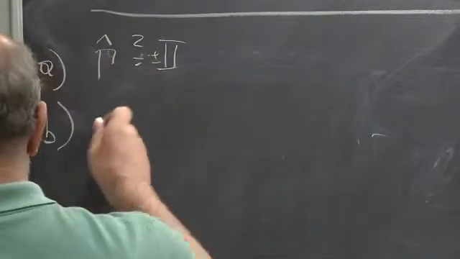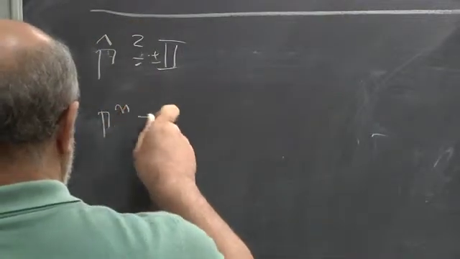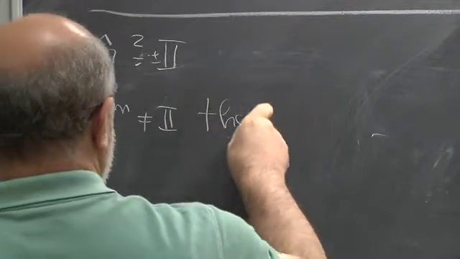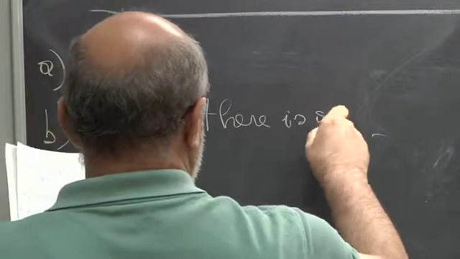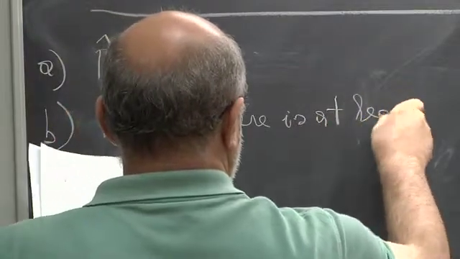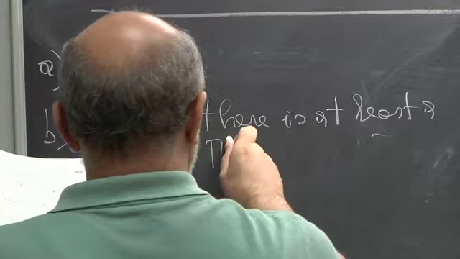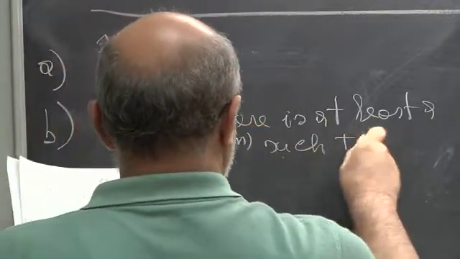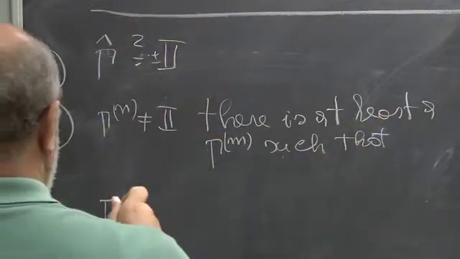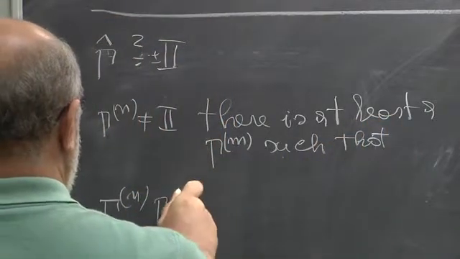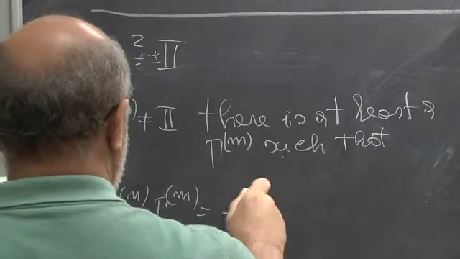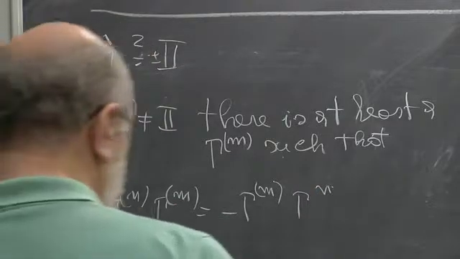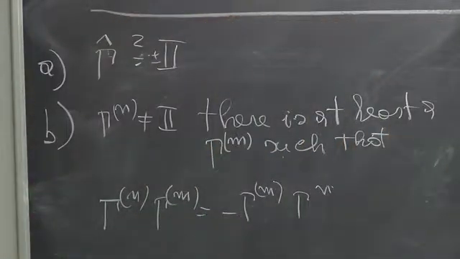And B, that given a gamma n different from the identity, there is at least a gamma m such that gamma n gamma m is equal to minus gamma m gamma n. This was the second property.